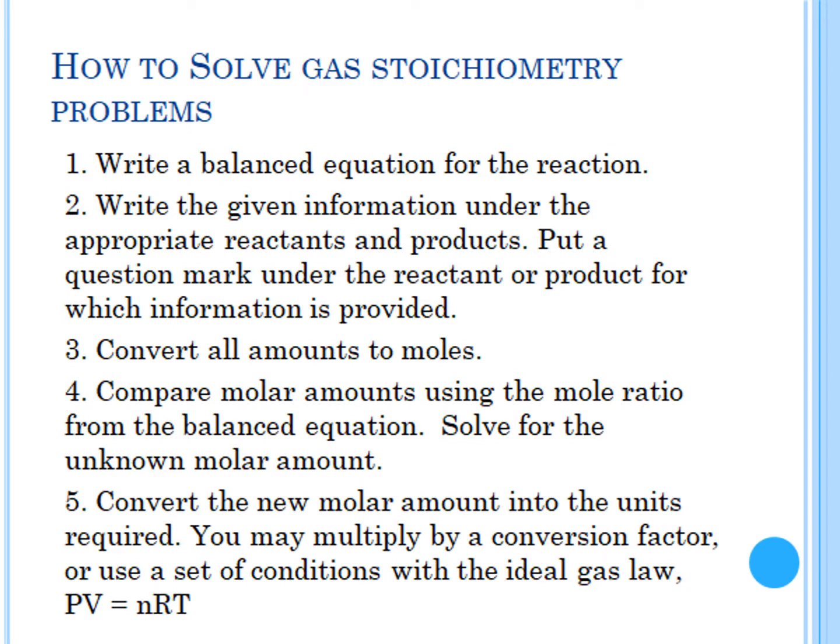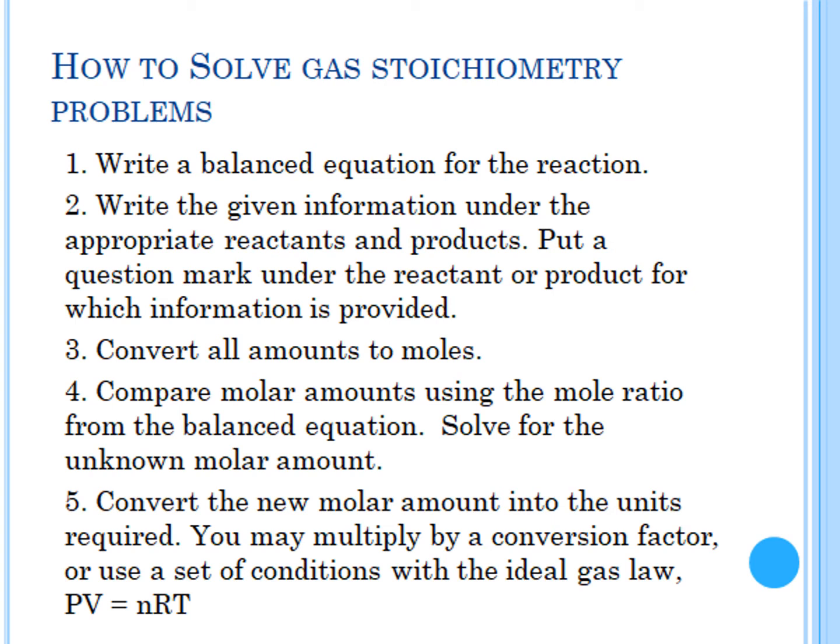So how do we solve our stoichiometry problems? Number one, start with a balanced equation. Number two, figure out what you are missing and what you need to know and what you have. So put a question mark under the reactant or the product, write down the information you have, make sure you know what you're dealing with. Number three, make sure all your amounts are in moles, not grams.